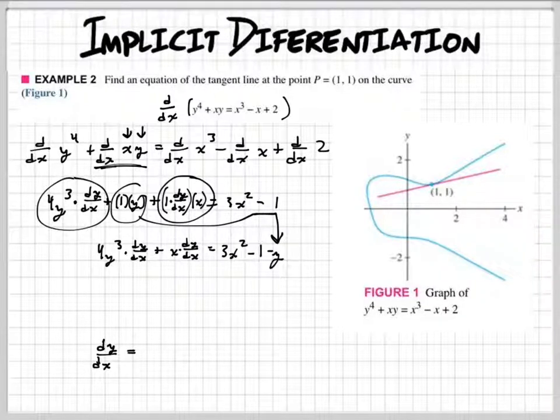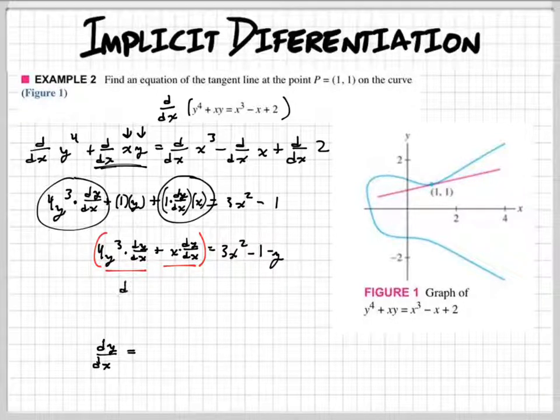That's why he's right there. And then now I'm going to factor out a dy over dx from this term and from that term. So now it says dy over dx multiplied by 4y to the third plus x equals 3x squared minus 1 minus y.